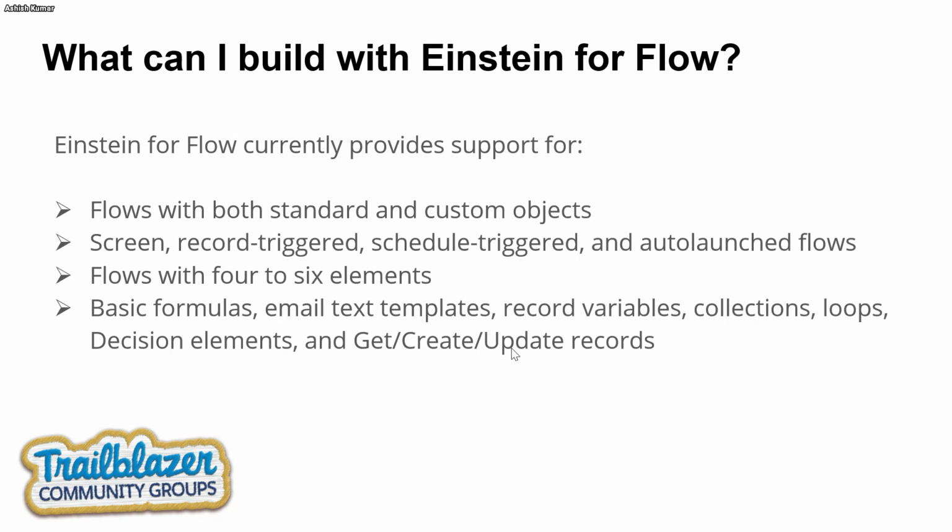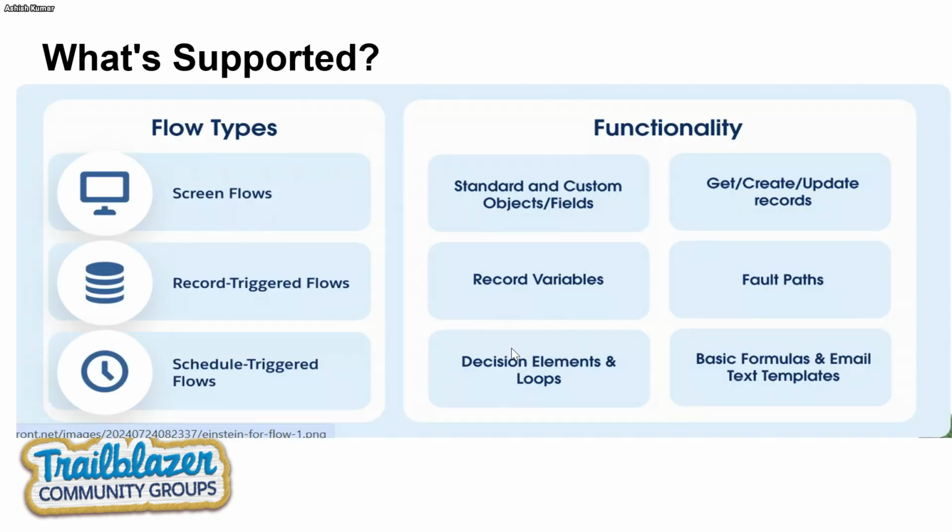And what's supported? So here you can see it in this diagram. For flow type, these are the three types of flow currently supported: screen flow, record trigger flow, and schedule flow basically. And for functionality, standard and custom objects are supported.